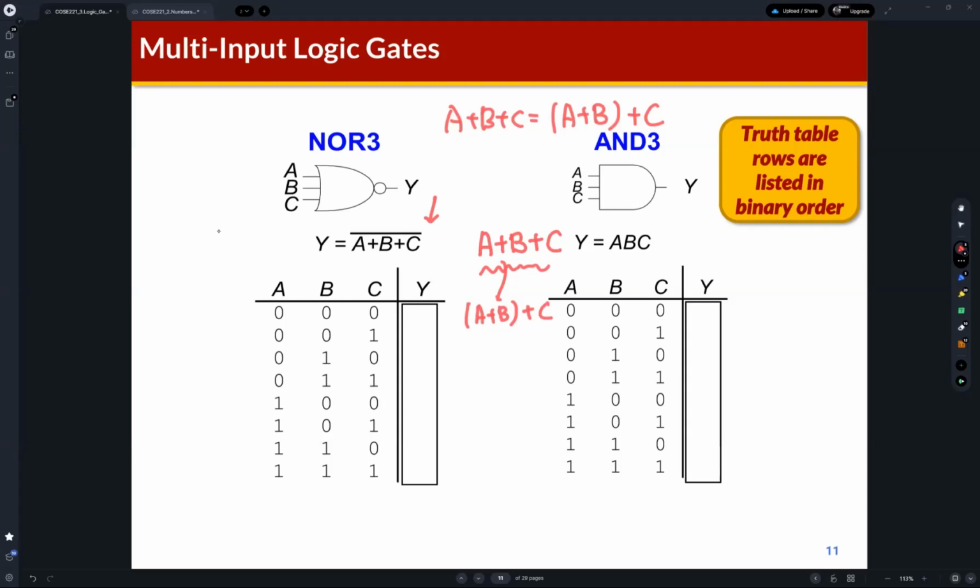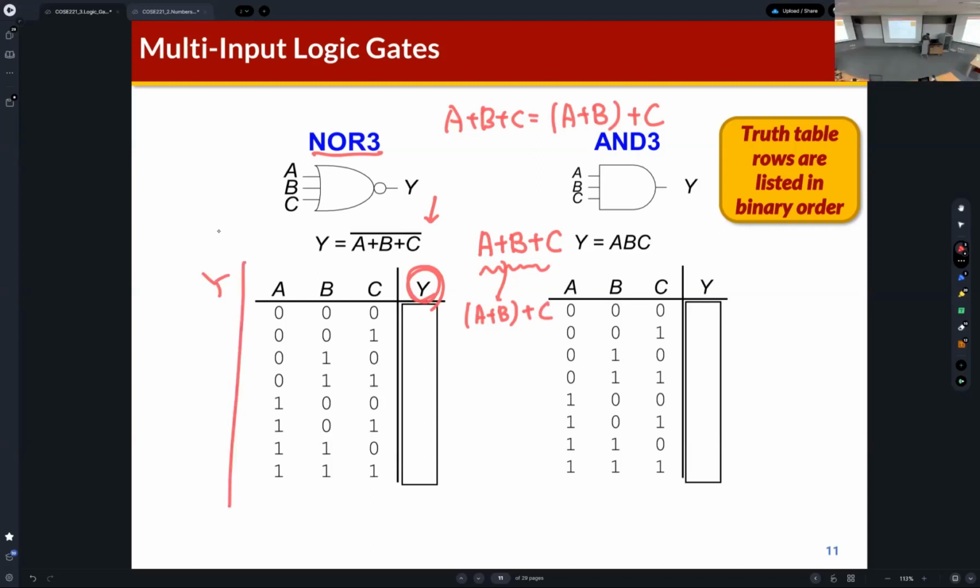Then what is the output of this Y? Because this is the NOR, we can first generate the output of the 3-input OR.